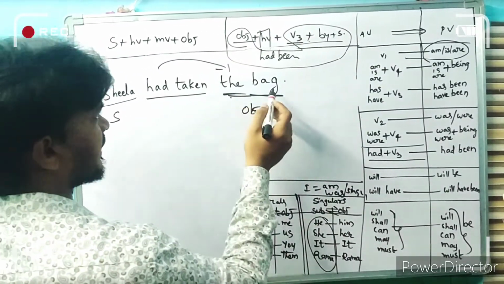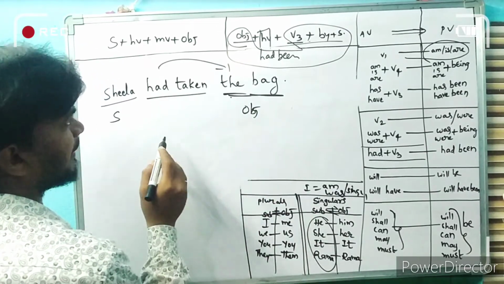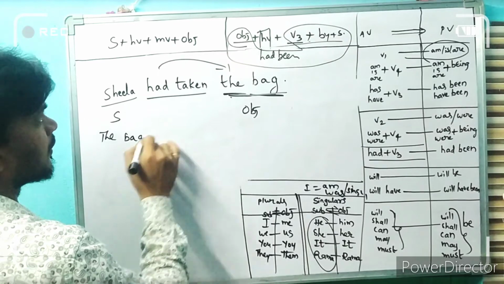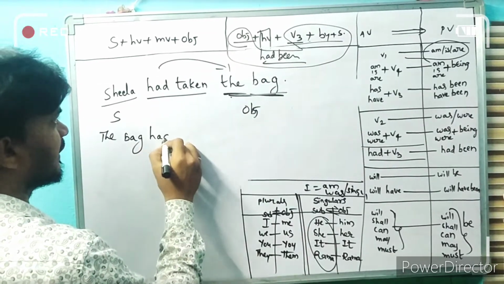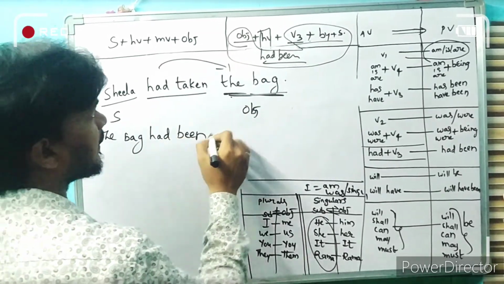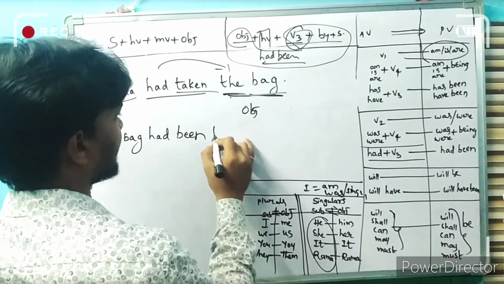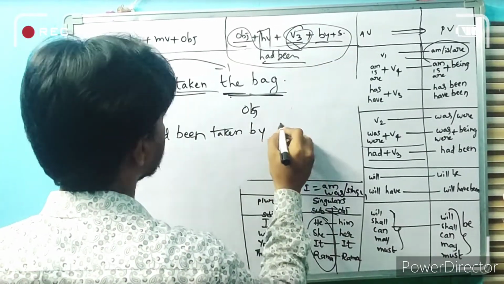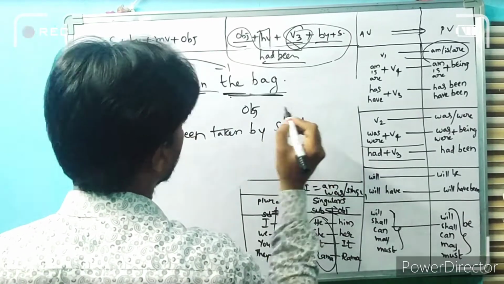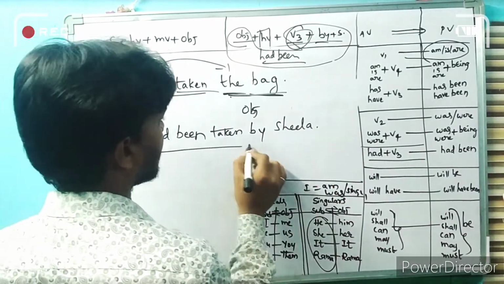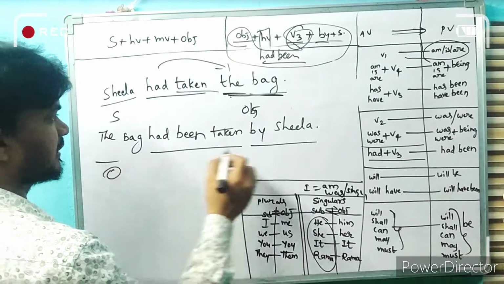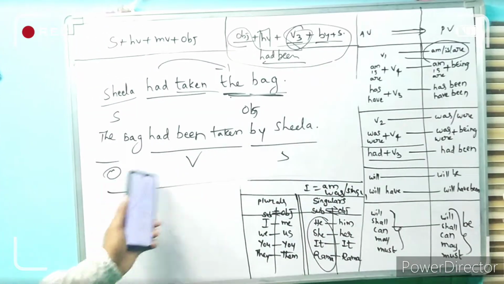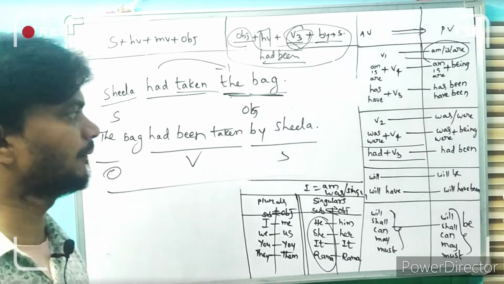No need for singular and plural here, because we have only one helping verb. So: the bag had been taken, already it is a V3 form, by Sheila. The bag had been taken by Sheila. Object, subject, verb in the active; in passive it is object, verb, subject. Okay, fine.